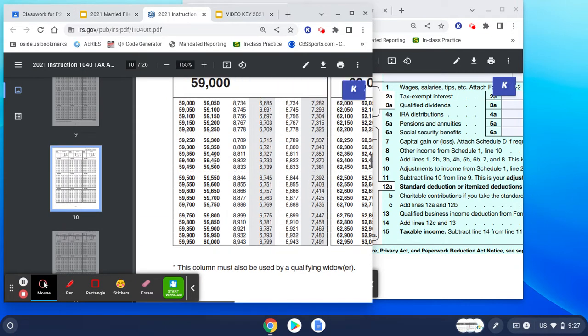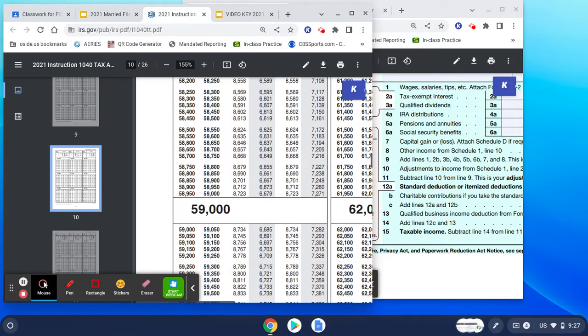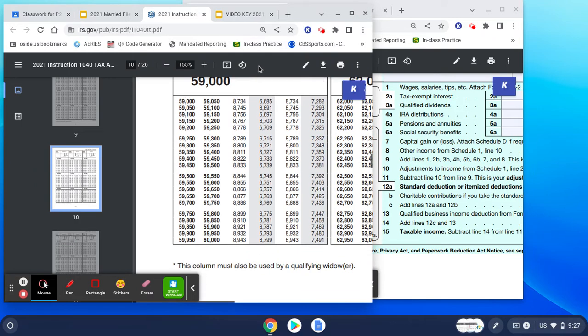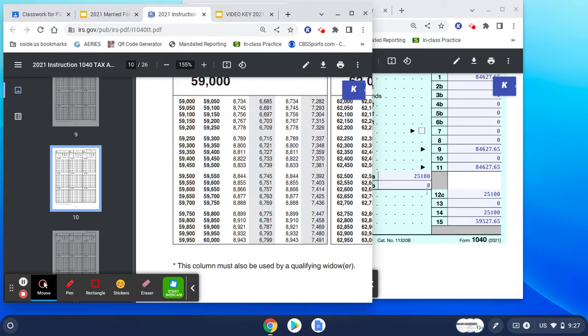So we need to get into the 59, and we're going to look in the married filing jointly column, this gray column. So 59,527 is this row right here, because it's in between these two numbers, and it's in the married filing jointly.